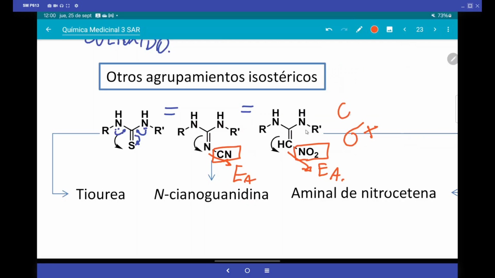Sigma is the Hammett constant, which we are going to study in the course. They are so electron-withdrawing that they steal the basicity completely from the functional group to which you connect them. If you connect nitro or nitrile to a basic group, the basicity completely disappears. And that is the reason why we had those groups there.